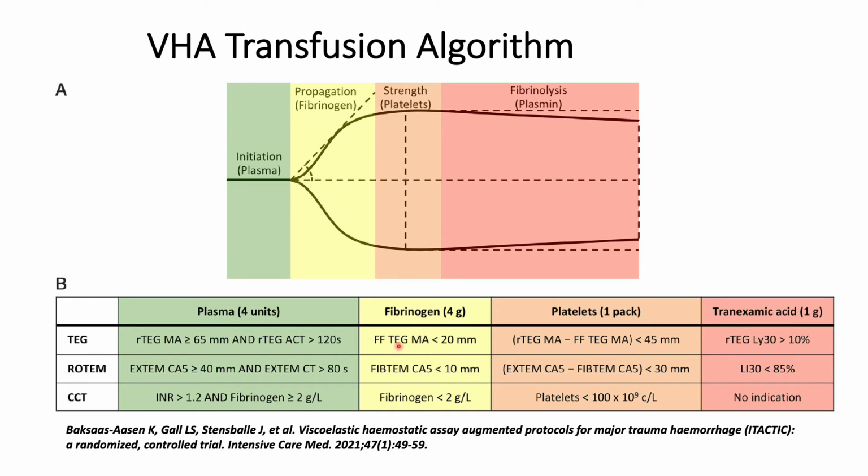This patient should be given fibrinogen concentrate or cryoprecipitate. If these values are less than 30, there is a problem for the clot to achieve adequate strength. This indicates a problem with platelets, and this patient should be transfused with platelets. If LI30 is less than 85, it means that there is presence of hyperfibrinolysis and the patient should receive 1 gram of tranexamic acid.